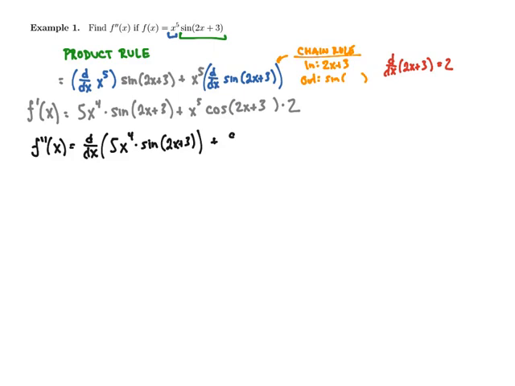And then we'll find the derivative of the second chunk, this 2x to the fifth, I'm going to bring the 2 out in front, cosine of 2x plus 3. So two derivatives that we have to do here. Both are going to be pretty similar, and both of them are going to use the product rule.